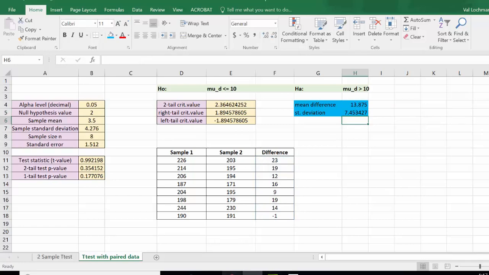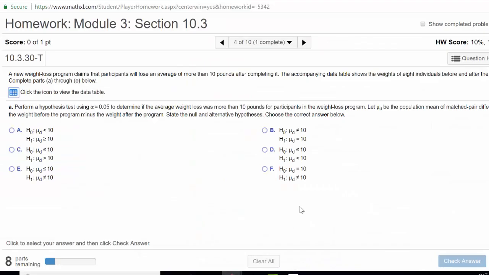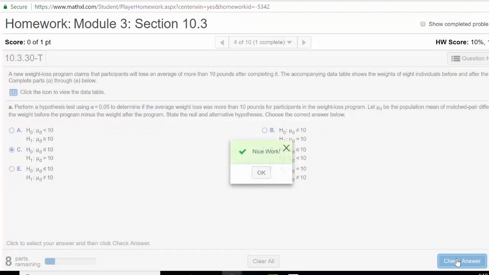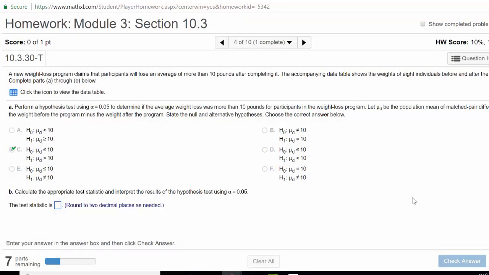Let's go back to the problem and see what they want us to do. Perform a hypothesis test using alpha 0.05 to determine if the average weight loss was more than 10 pounds for participants in the weight loss program. More than 10, so it's option C. Let's check. This is looking good so far. Calculate the appropriate statistics.